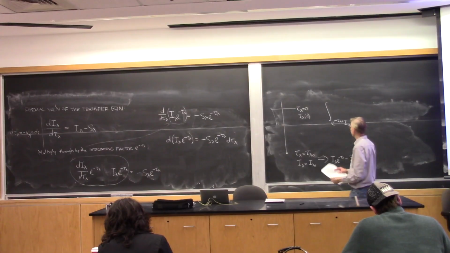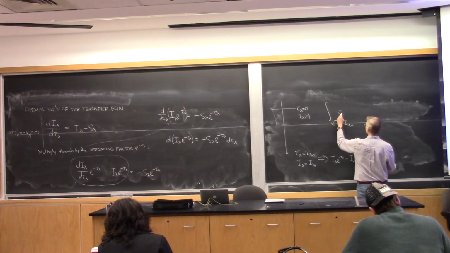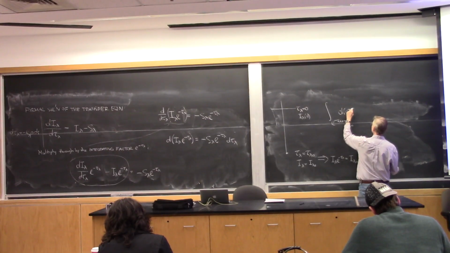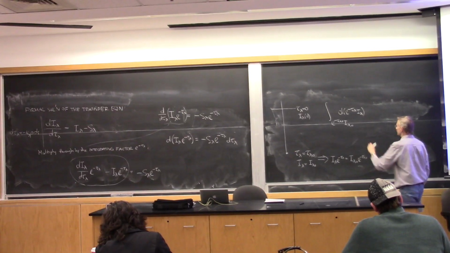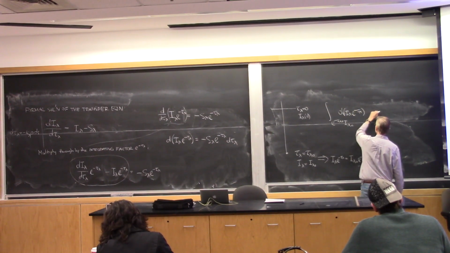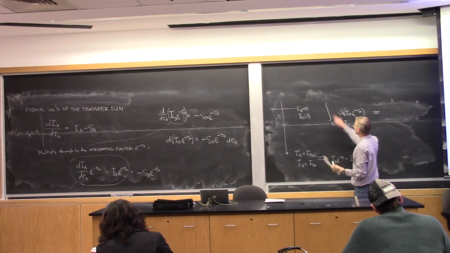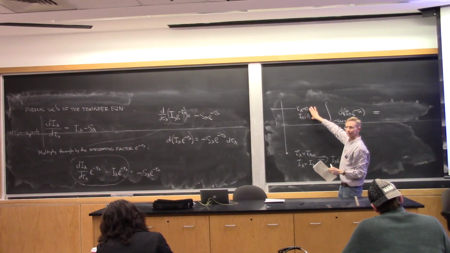On the left-hand side, this is going to be d of I lambda e to the minus tau lambda. I'll put it in the same way I did, not that it made any difference. So what's my upper limit over here? What is I lambda e to the minus tau lambda up here?